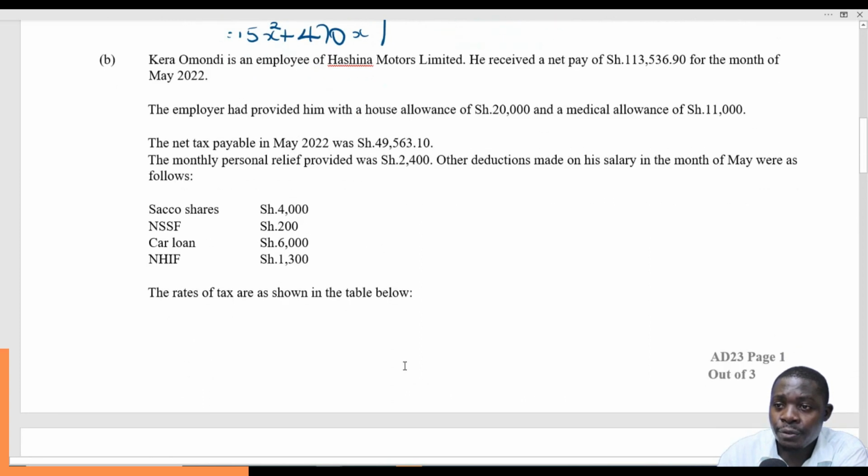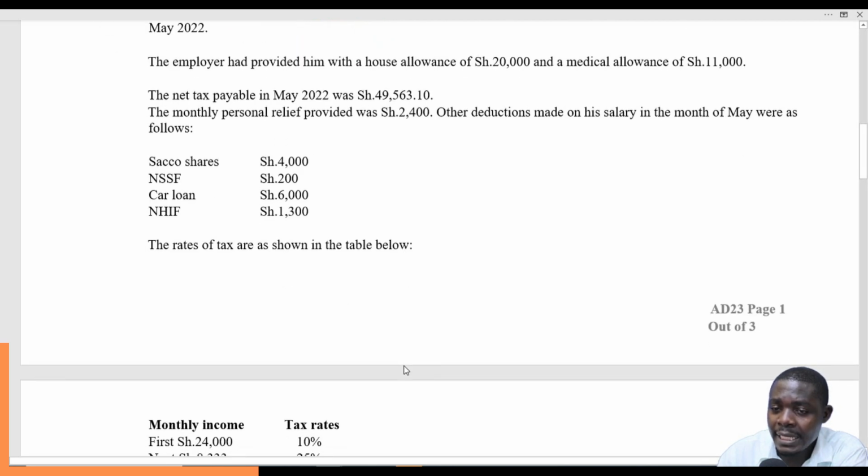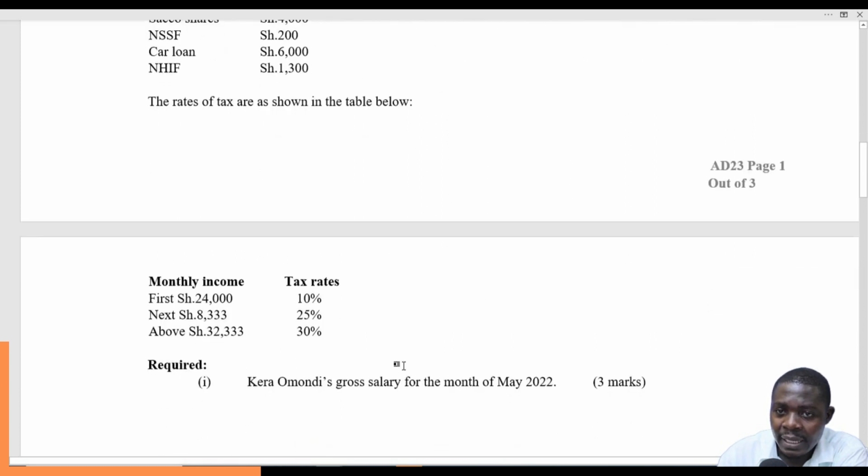Now we are going to factor in all the data that we have been given here. We are going to start with the net pay. We also add the allowances this person has been entitled to. And then we subject it to that particular tax table.